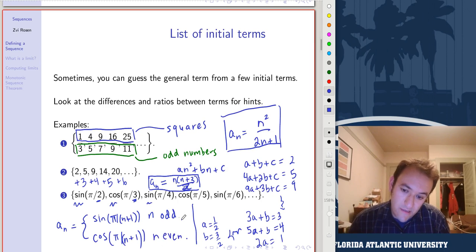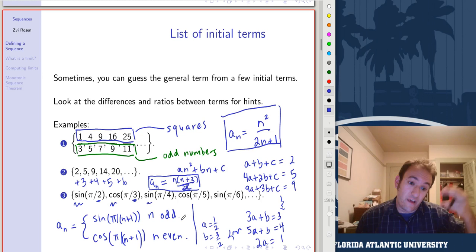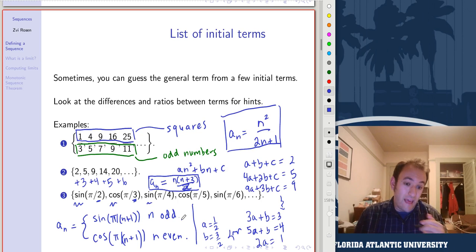Okay, and sometimes these piecewise definitions, meaning you give different values for the function depending on what the n is, sometimes that's the best you can do.